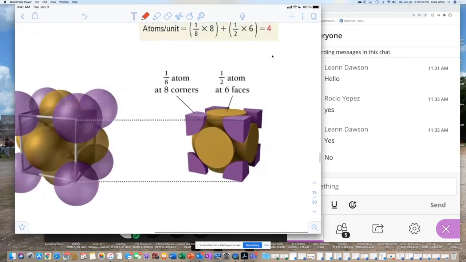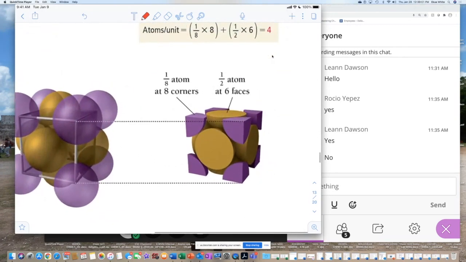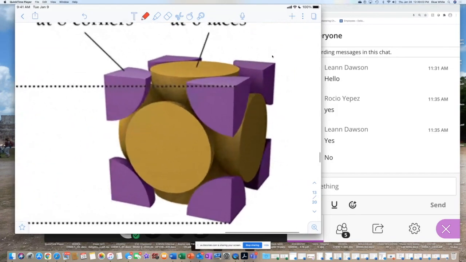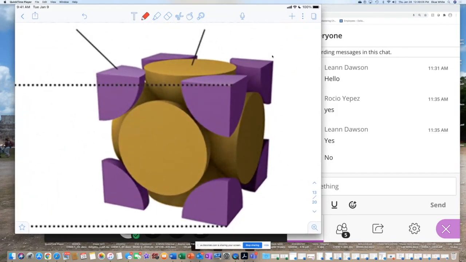Because when you look at this here, they're describing this situation right here. Wow, this is as far as I can zoom. No, I can zoom in further. The face, remember the face is the same thing as the wall. So you essentially have this huge atom, if you were able to get inside the unit cell, coming from the wall, and you only see half of it.